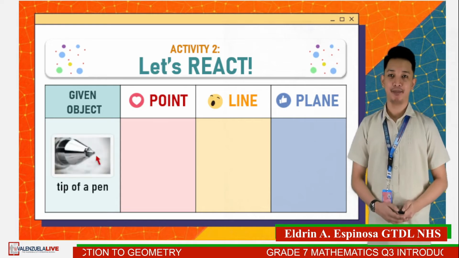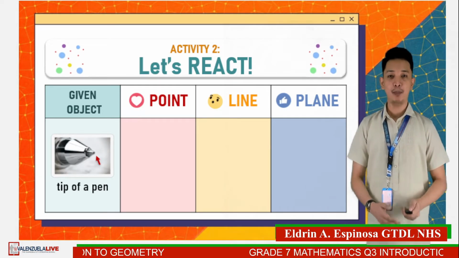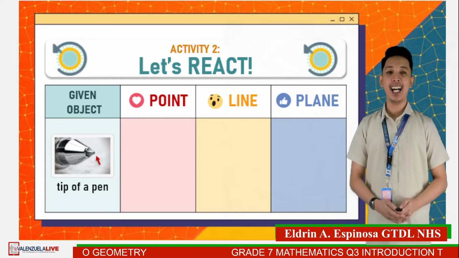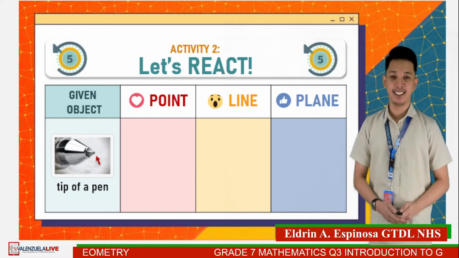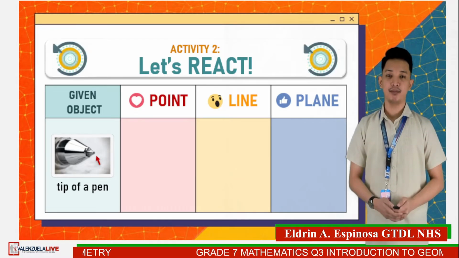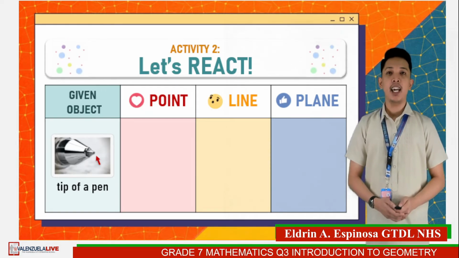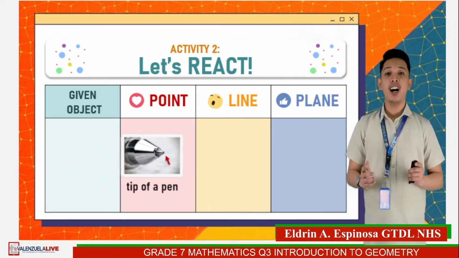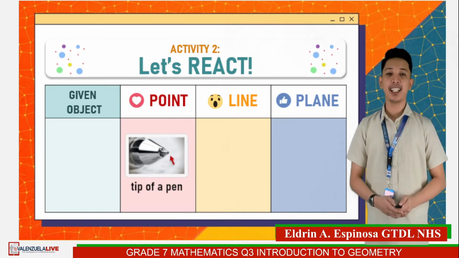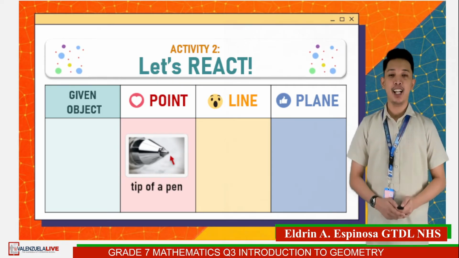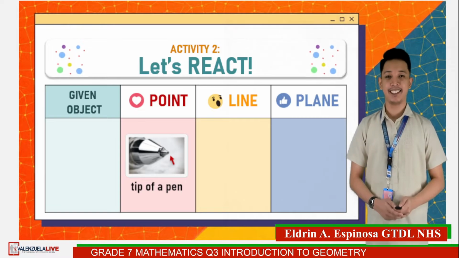Next object, a tip of a pen. Let's react. Go! If your answer is heart, then you are correct because a tip of a pen represents a point.